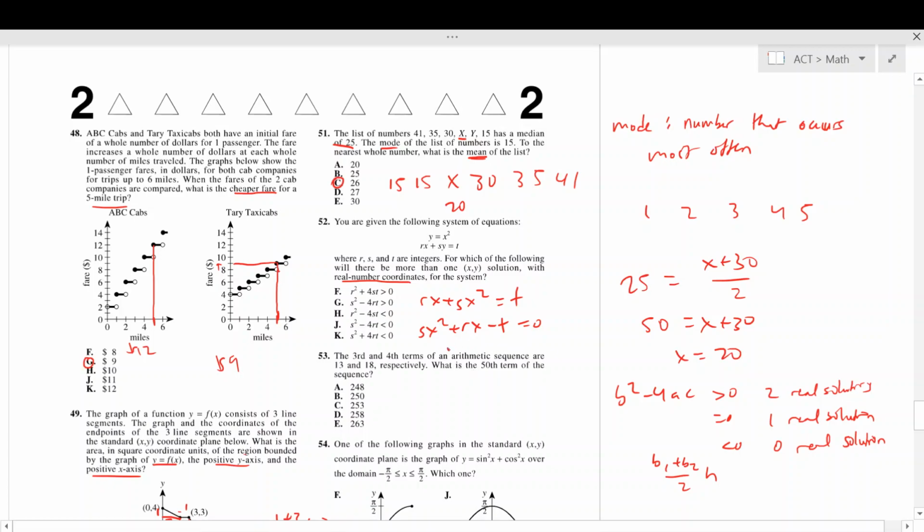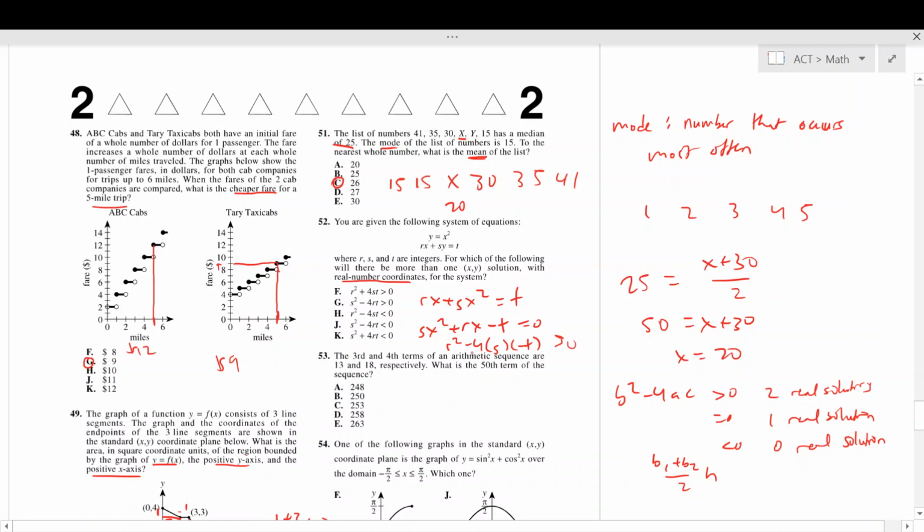In this case, it's r squared minus 4s times negative t. We want more than one real solution. Remember, for more than one solution, it must have two solutions and must be greater than 0. So r squared minus 4s times negative t must be greater than 0.